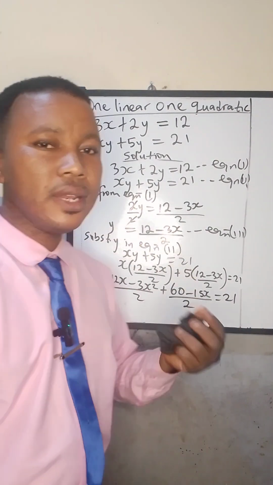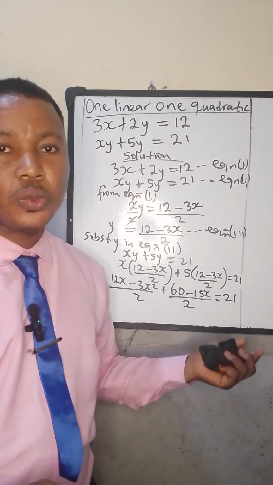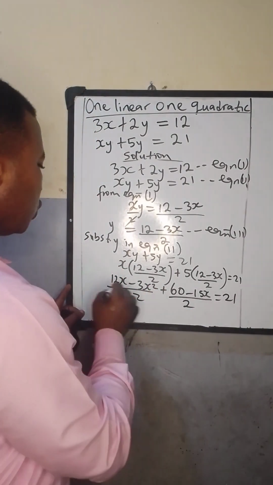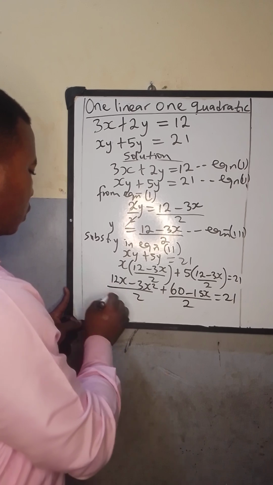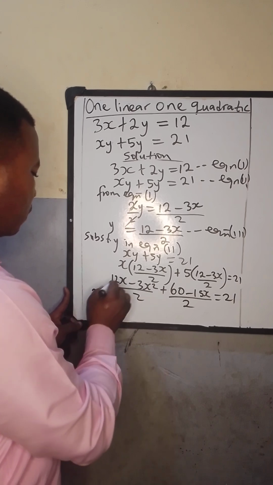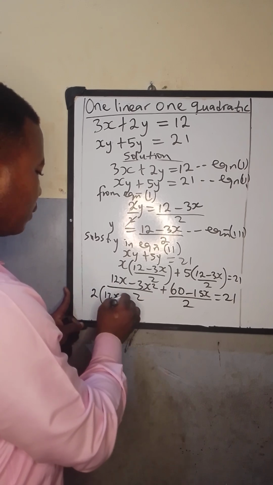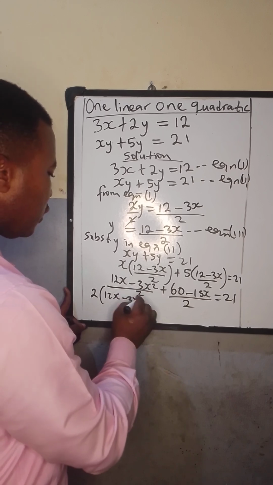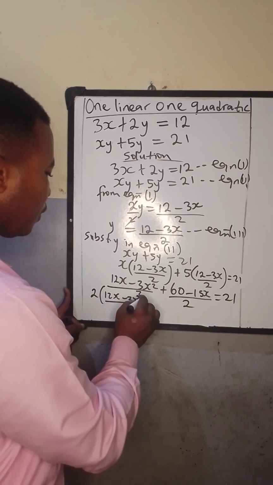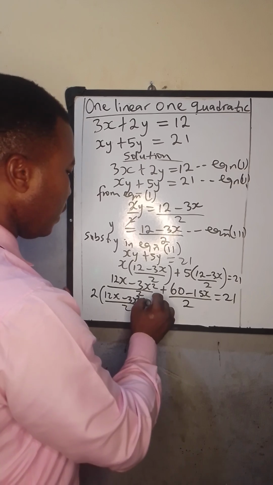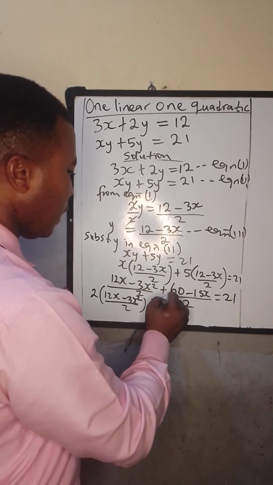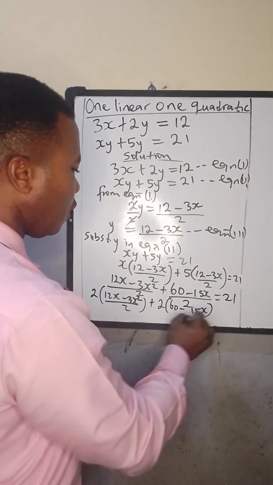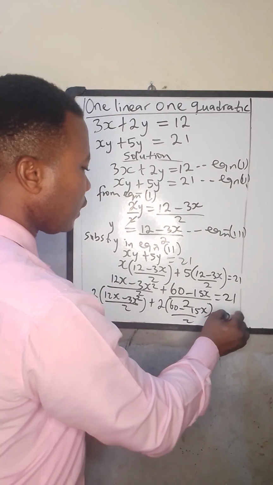We try to eliminate the denominator, which is 2, by multiplying through by 2. So we multiply 12x minus 3x squared all over 2, then plus 60 minus 15x all over 2, is equal to 21 times 2.